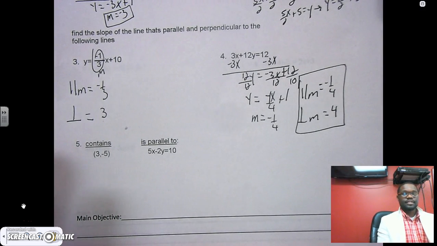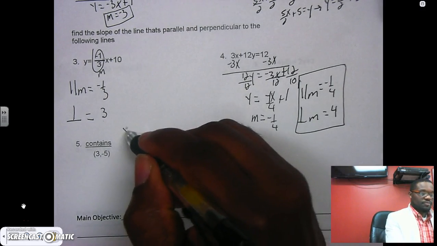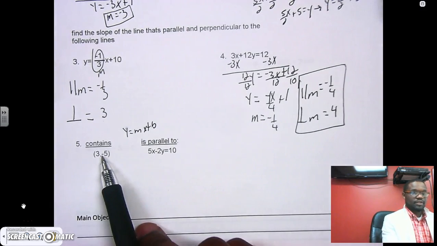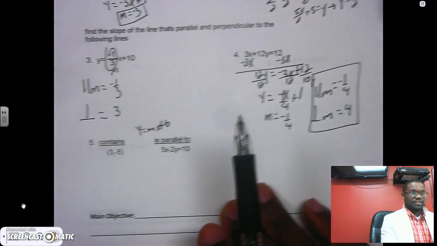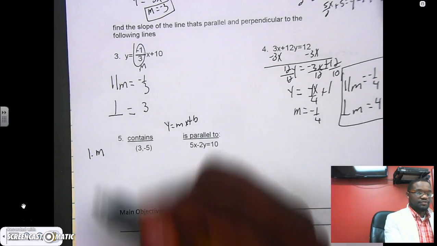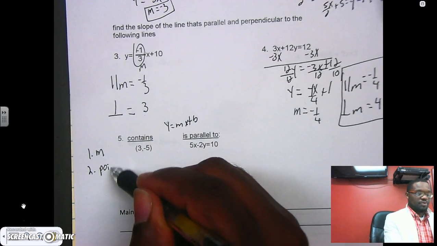Now we have this number 5. It doesn't say the whole instructions. The instructions would be, if they were there, write an equation in slope-intercept form for the line that contains this point and is parallel to this line. Keep in mind, in previous notes we discussed that the first thing you need to do in order to write an equation is find the slope, and the second thing you need to do is pick a point.